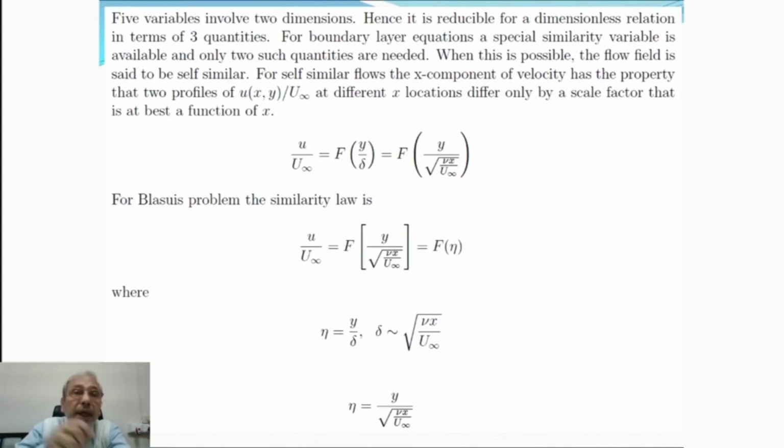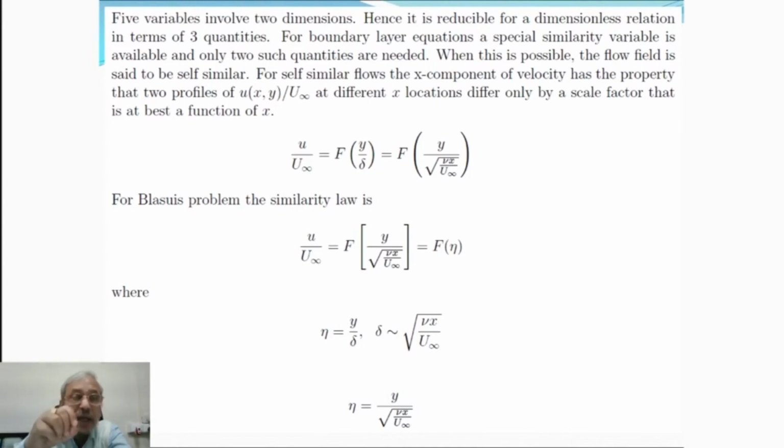So if we draw u profiles within the boundary layer at different x locations, they are analogous, but they differ by a scale. Instead of plotting u against y at different x locations, we can plot u by u infinity, that is the free stream velocity.